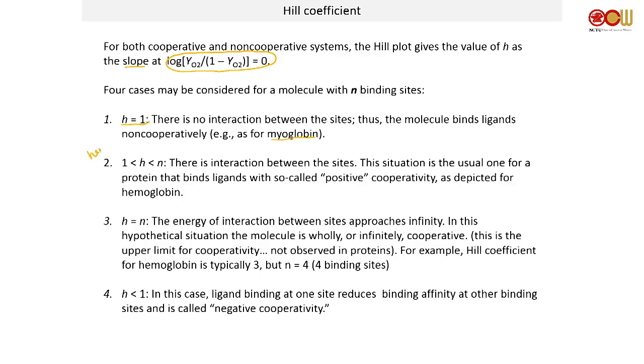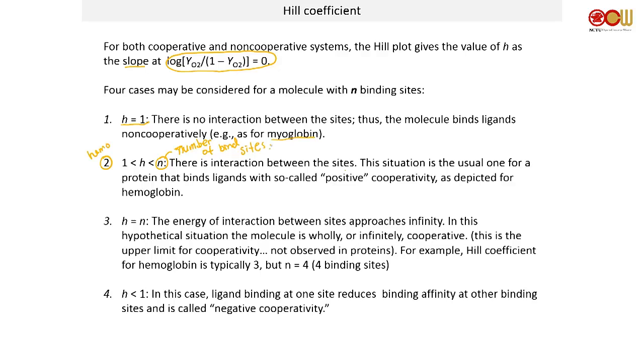Now, another situation, hemoglobin. Here your H is bigger than 1, lower than N, and I'll tell you what N is in just a minute. It means that there is interaction between the sites. N is the number of binding sites.